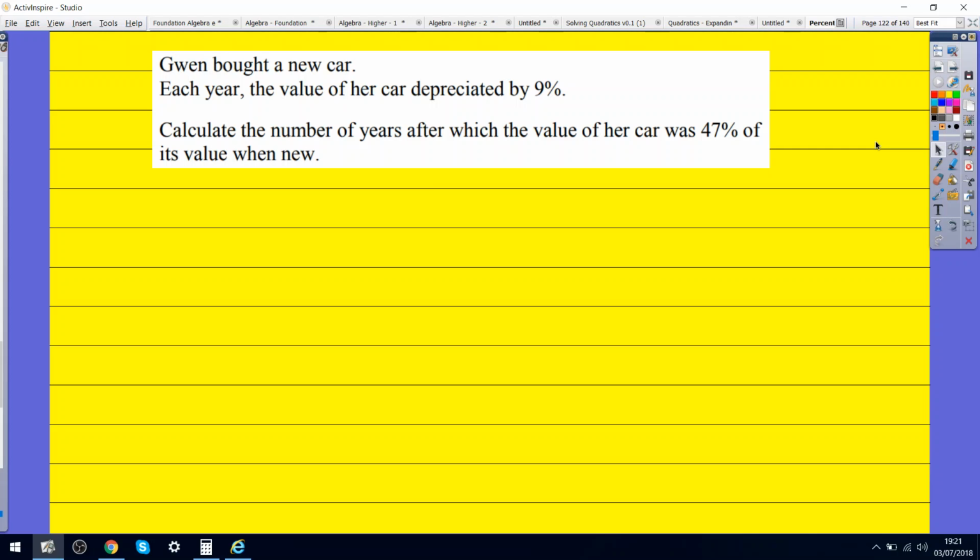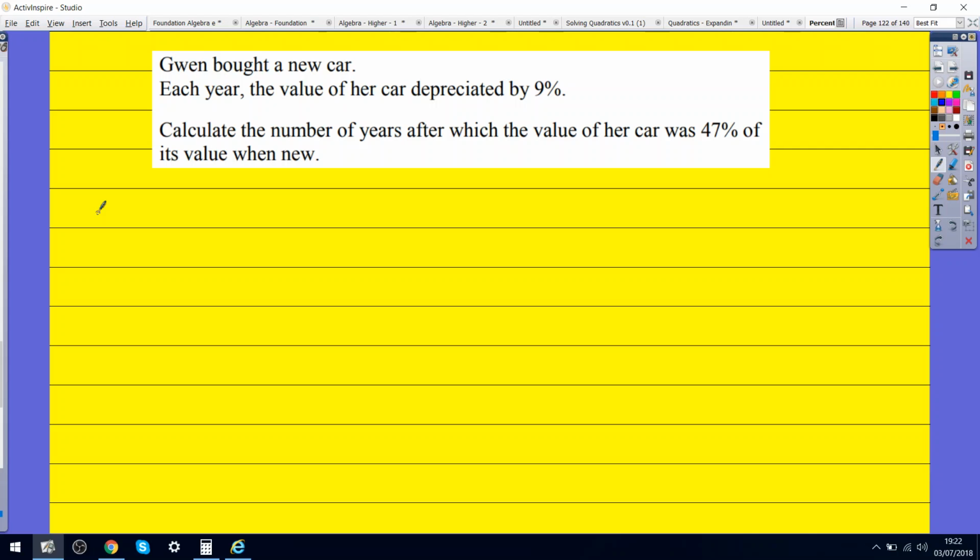So we'll just do trial and error for this one. So 0.91 to the power of n equals 0.47. So if we try 0.91 to the power of, let's say 2, gives us 0.82.